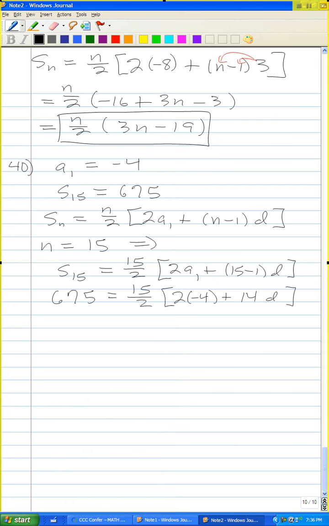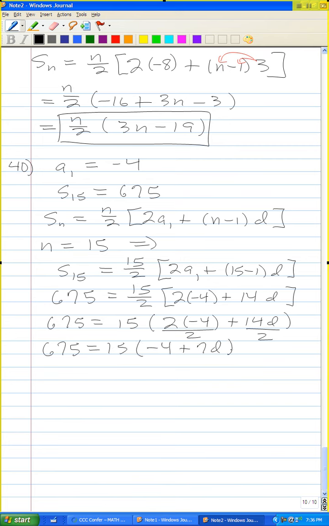Okay. And so I get 675 is equal to, I can do this as 15 times 2 times negative 4 plus 14d, all divided by 2. So 675 equals 15 times negative 4 plus 7d.